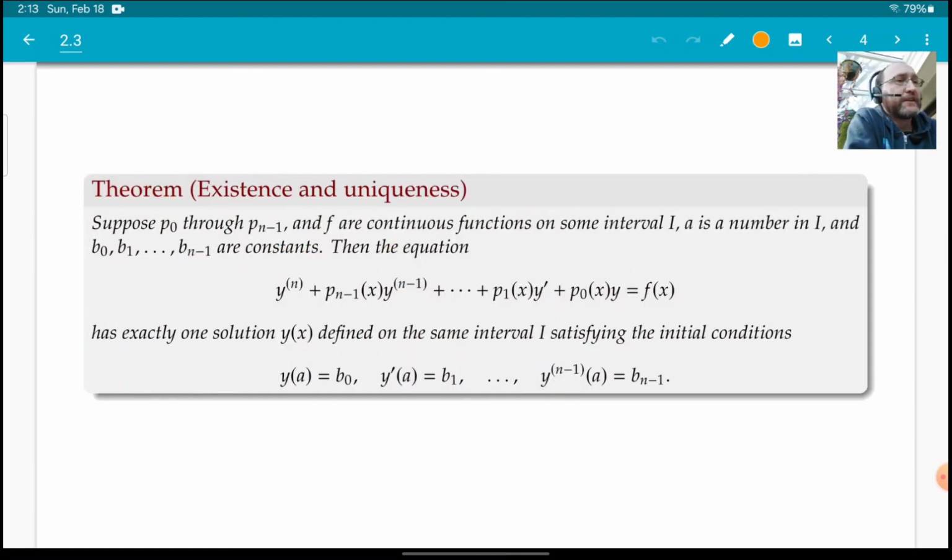All right. Now we also have existence and uniqueness in higher order. So suppose I have this linear equation. Now, we can allow a right-hand side as well. It doesn't have to be homogeneous. So suppose that on some interval, I'm going to call the interval I, these functions are all continuous, right?